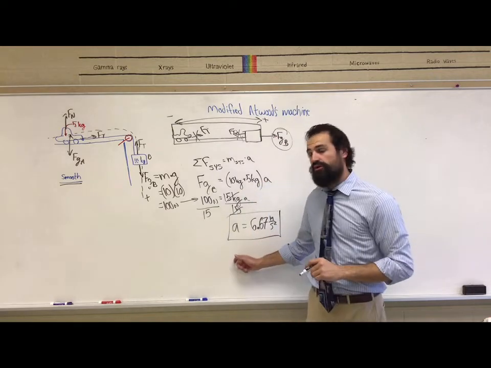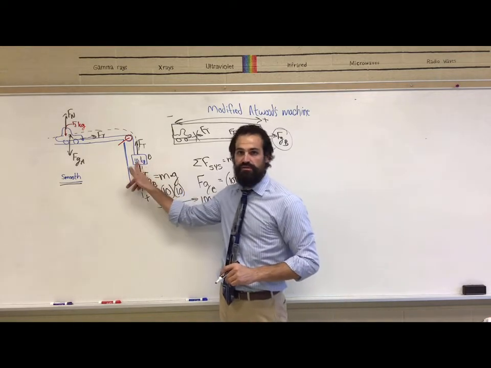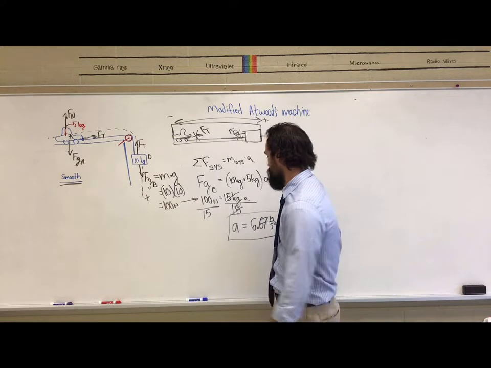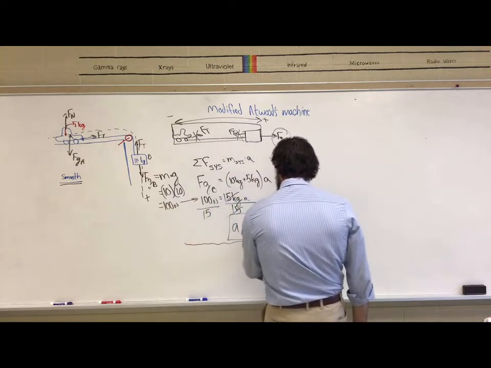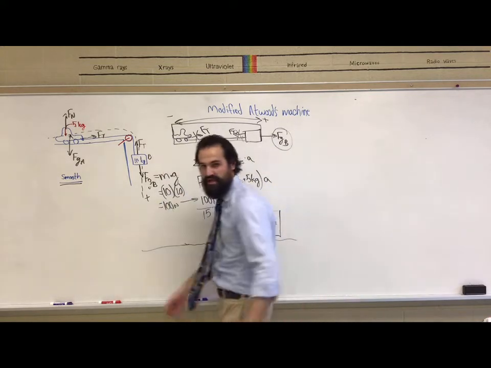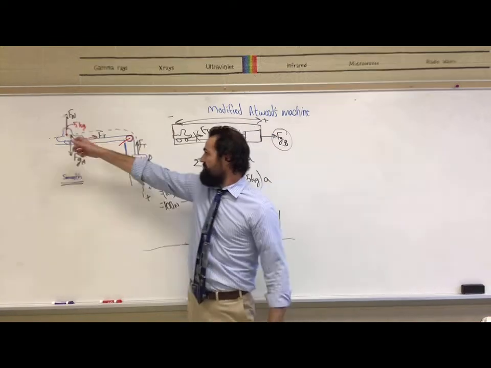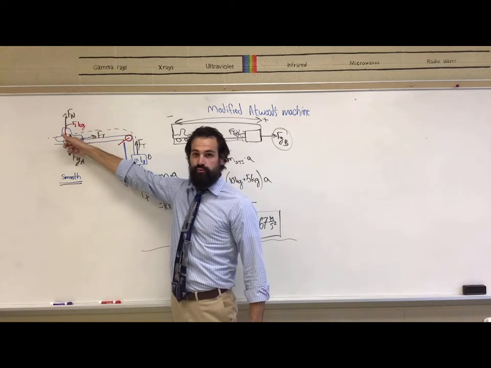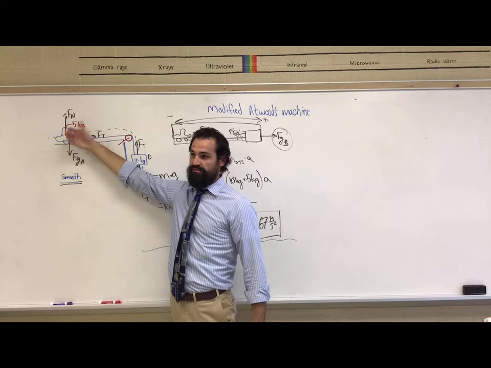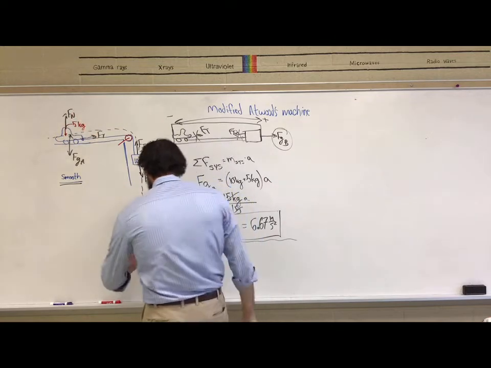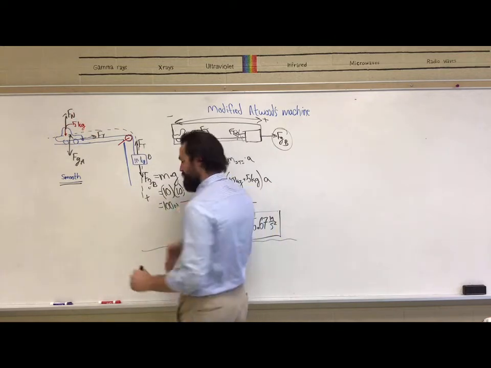Now, if we wanted, we could plug this in to solve for the tension, just like we did before. To do that, you need any object that has the tension acting on it. In this case, object A only has one force acting on it in the direction of acceleration, tension.